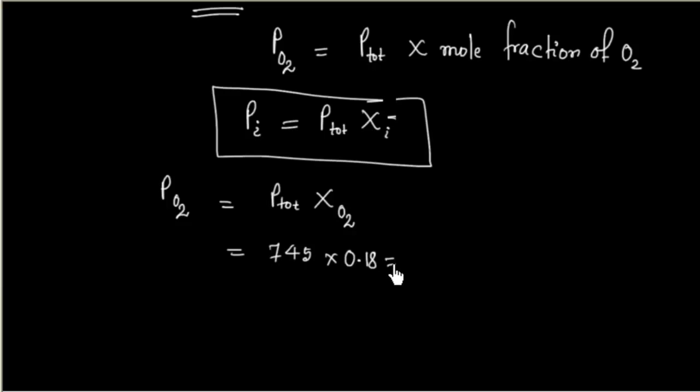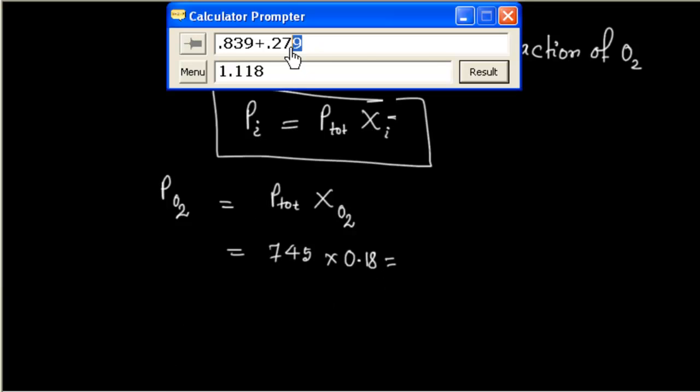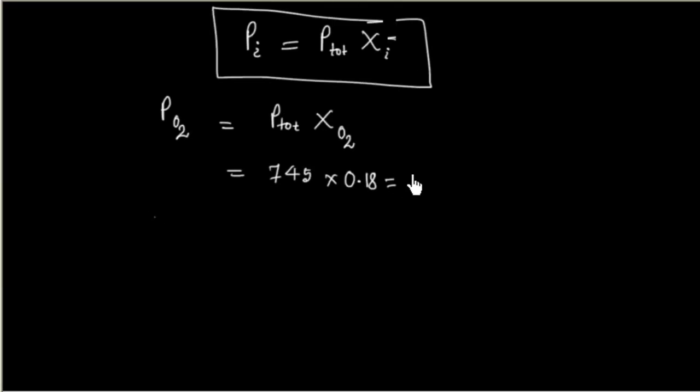If I calculate 745 multiplied by 0.18, this is 134.1 torr. We can give the answer in torr because initially it is given in torr. So around 134 torr.